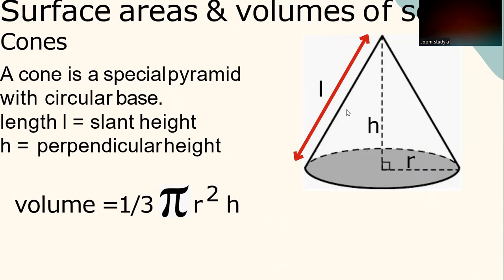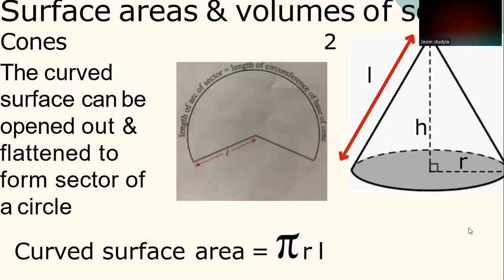And h is the perpendicular height. The formula to calculate the volume of a cone is 1/3 pi r squared h. Please remember the formula, 1/3 pi r squared h, and the image of the area.